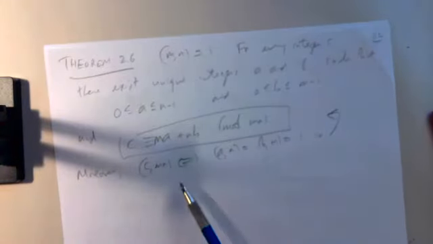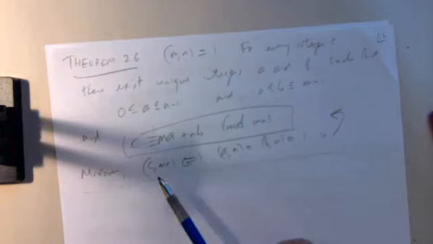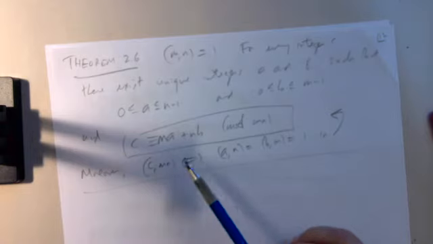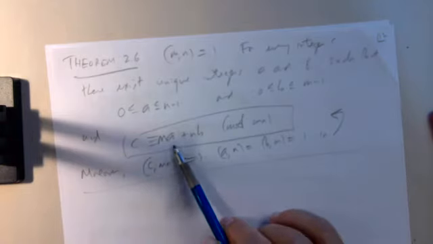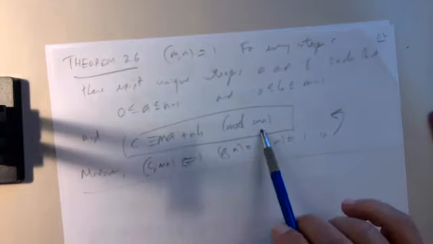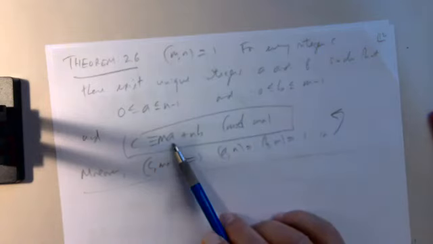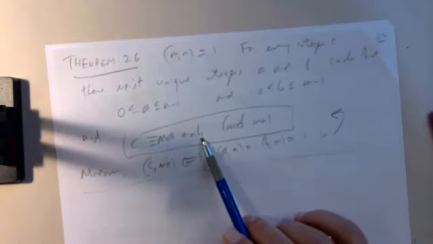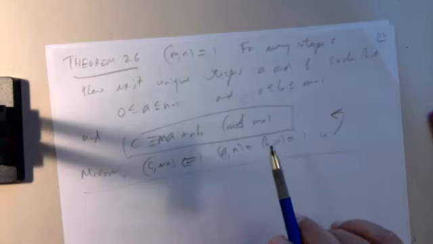Right? So this says that I can write every integer c in the form ma plus nb mod mn, where a is between 0 and n minus 1, and b is between 0 and m minus 1.